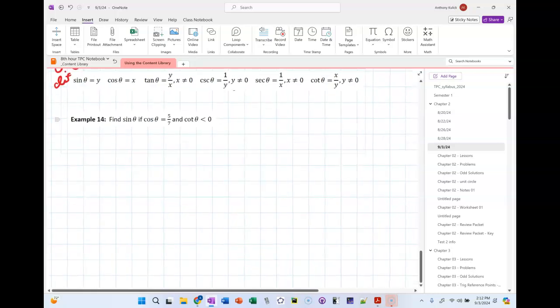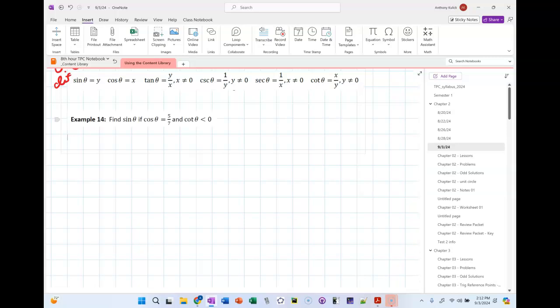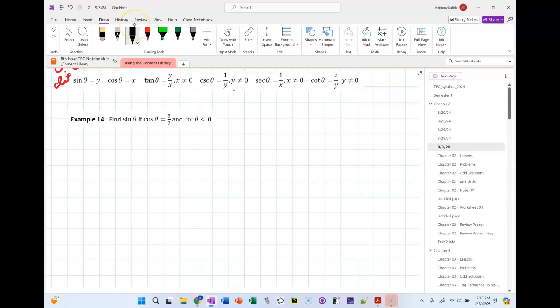Our last example says find sine theta if cosine theta equals 5 over 7 and cotangent theta is negative. This is going to be a 3-step problem.